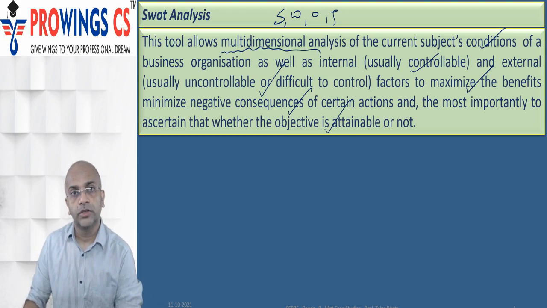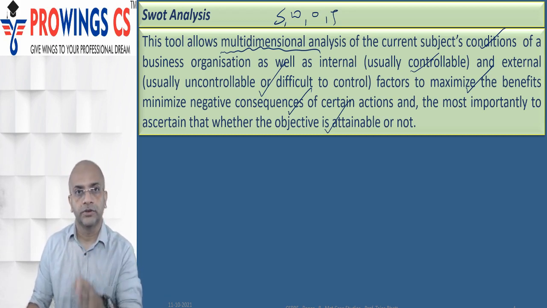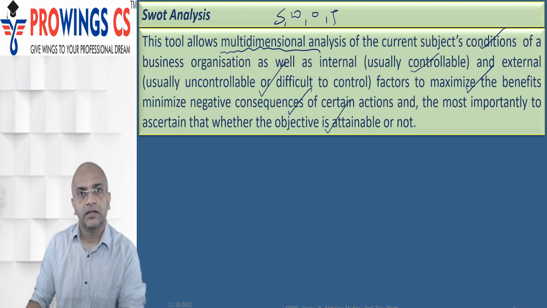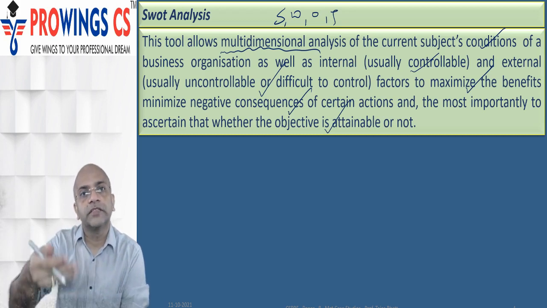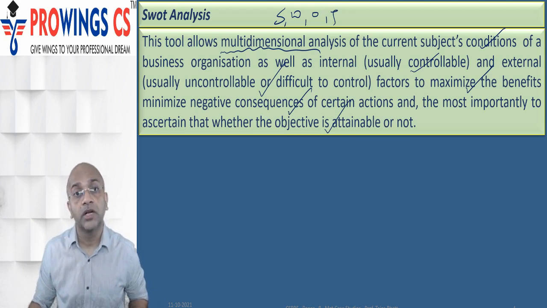SWOT gives you a situational analysis: where you stand, what all your strengths are, what all your weaknesses are, what opportunities the business can have, and the last, most important part, how we need to deal with threats.